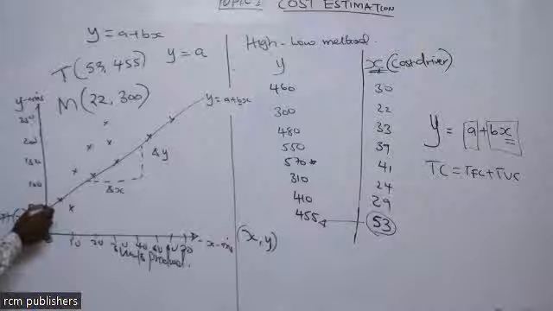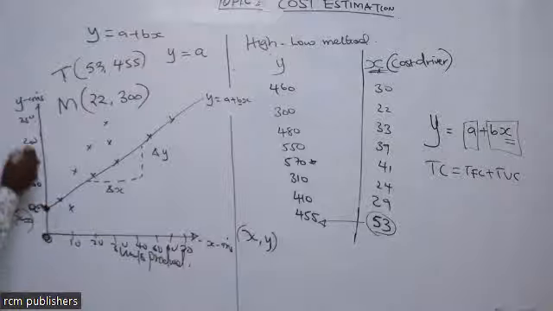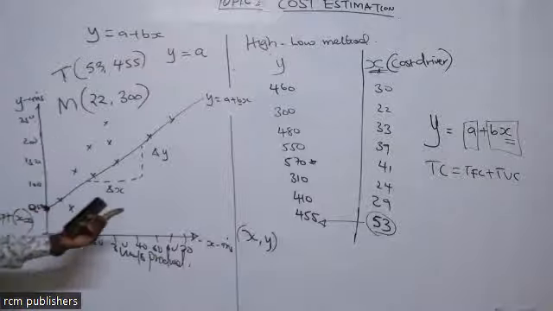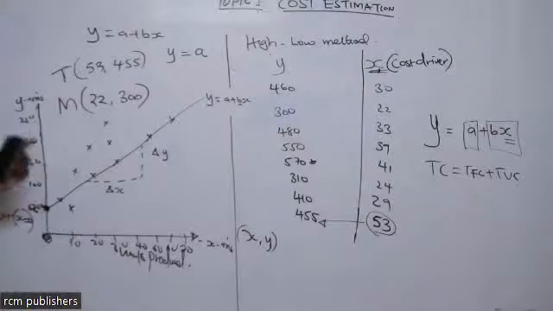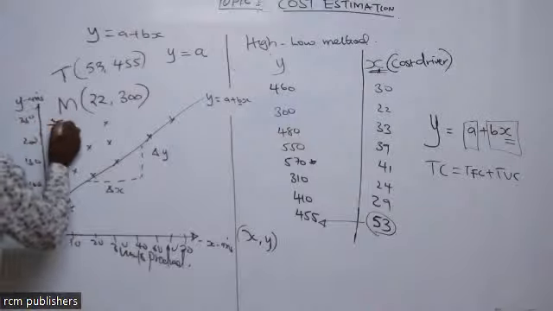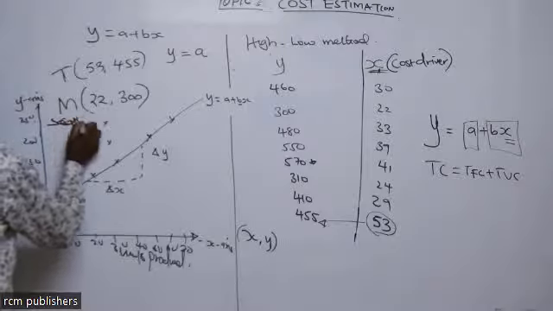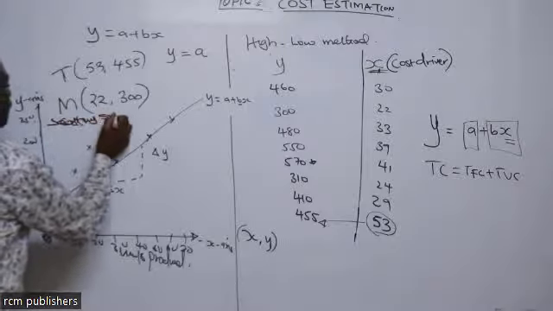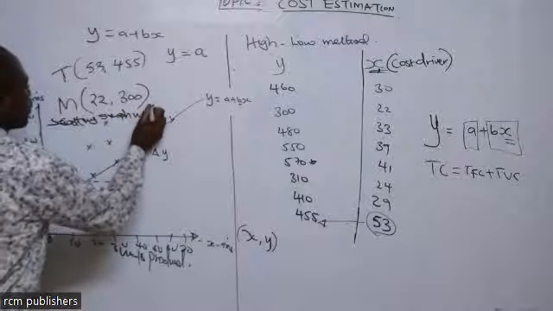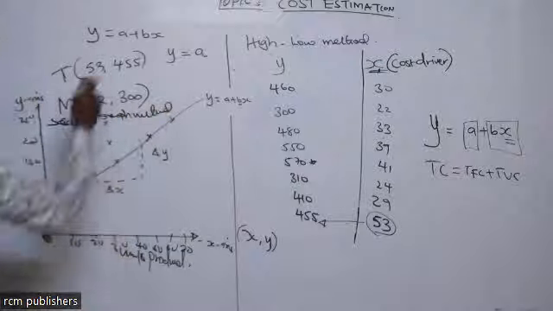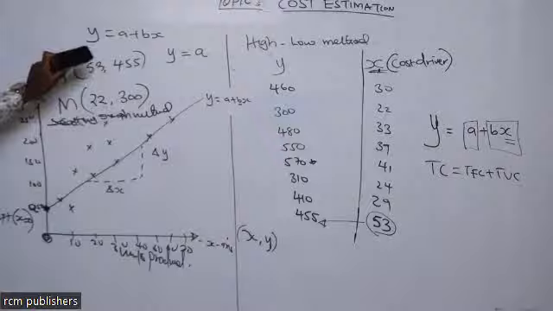So at this point, the y-intercept, when x is equal to 0, that value of y becomes our fixed cost. So this is the concept of what we call the scattered graph method. It is going to help us understand what you're going to do under the high-low method.